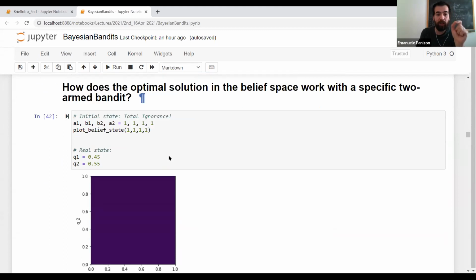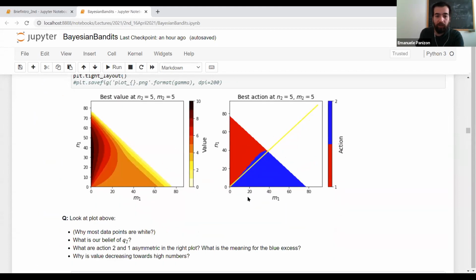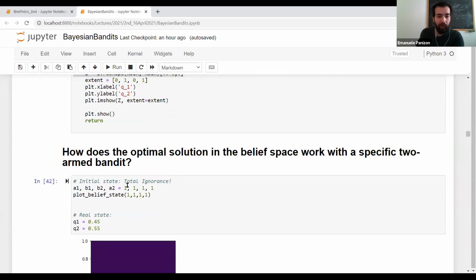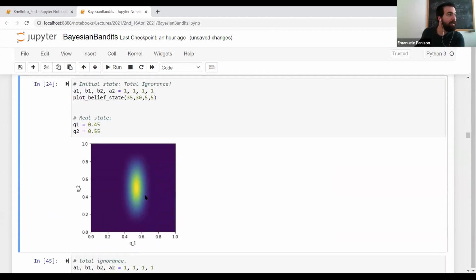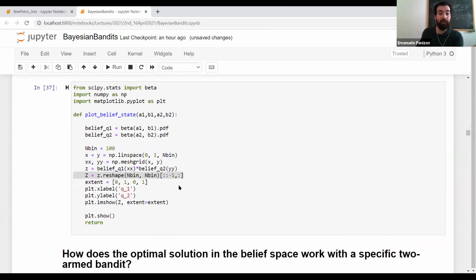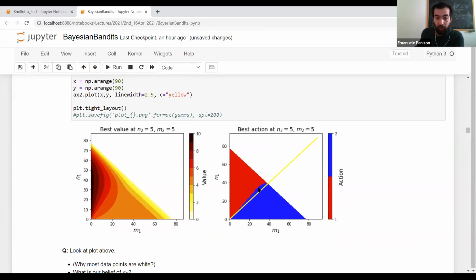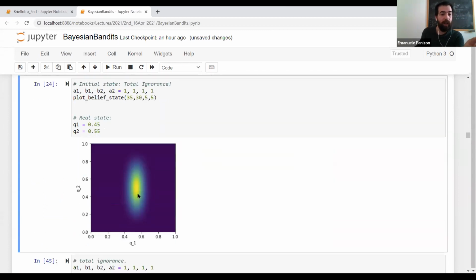We can plot it now. So we take 35, 35, 5. Let's do it. Okay, so this is our current belief. This is exactly the belief we are here somewhere, close to that. And you can see that here, it says, oh, clearly the maximum of its probability is above 0.5.